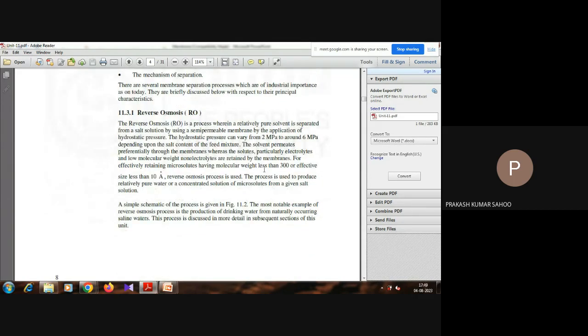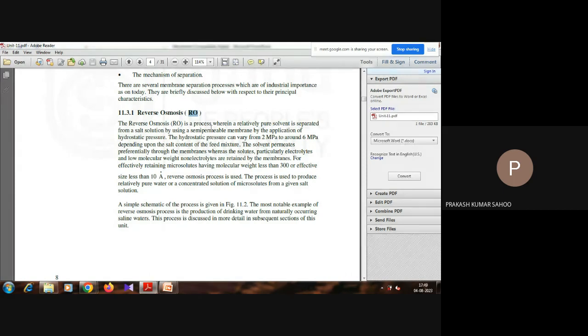Then reverse osmosis is a common phenomenon which is very familiar to us, as we know from different water purifiers like Aquaguard or any other water purifying system. You might see RO written over that water purifier machine.